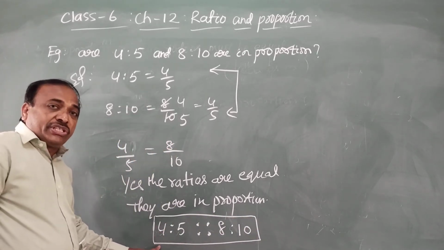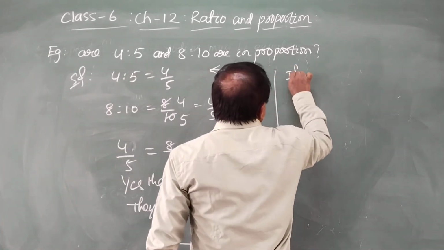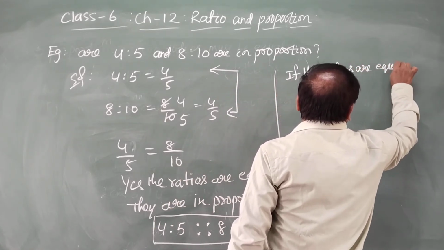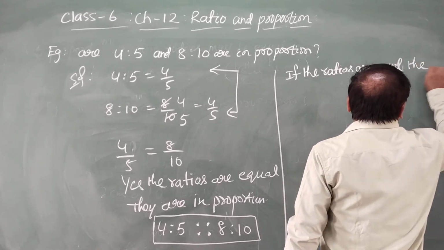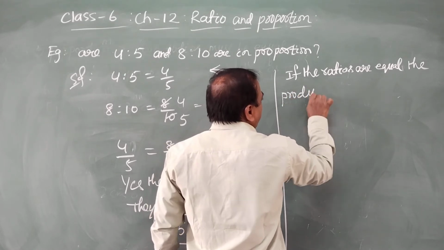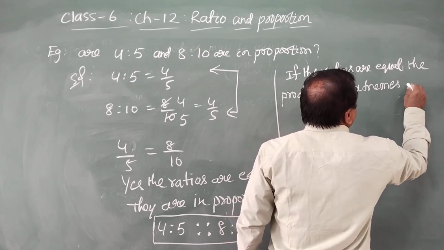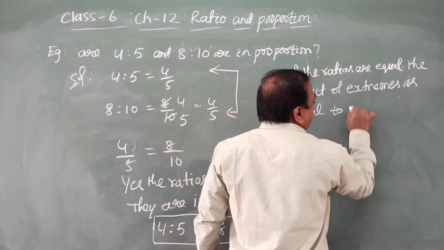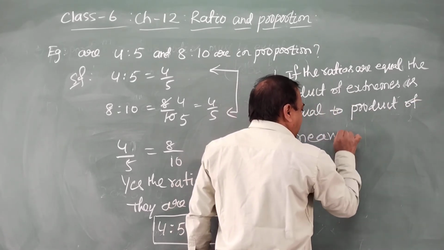Now, if the terms are in proportion, that is, if the ratios are equal, the product of their extremes is equal to the product of means.